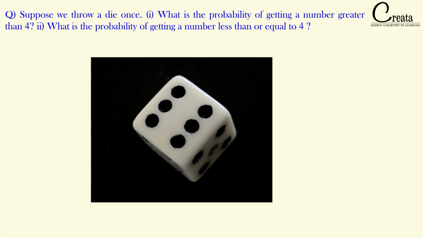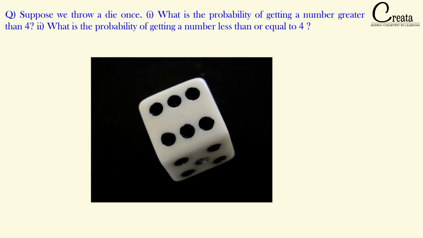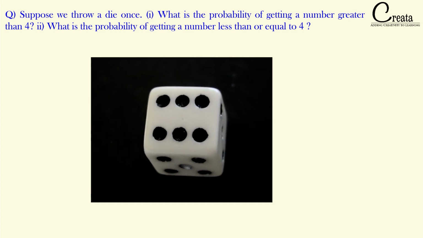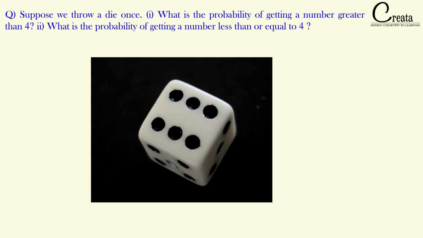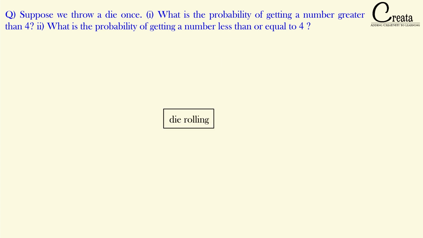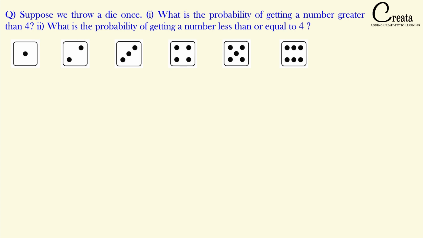In this question, we are rolling the die. So what are the various events or outputs that we can get out of rolling the die? We can get a total of 6 events or 6 outputs, that is getting 1, 2, 3, 4, 5 and 6. The question is asking what is the probability of getting a number greater than 4. And in the second part it is asking what is the probability of getting a number less than or equal to 4.